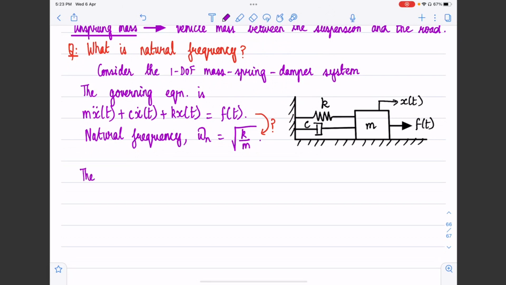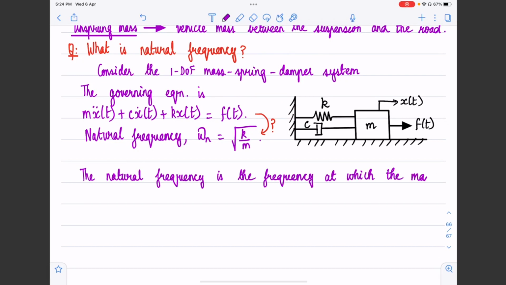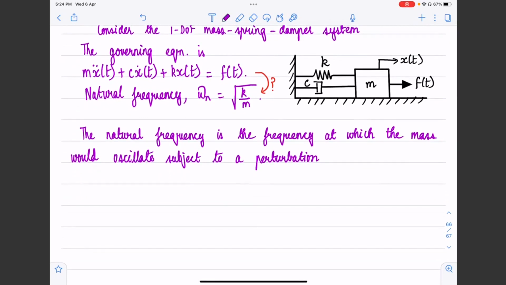The natural frequency of any system, not only this 1 degree of freedom system, is the frequency at which the mass would oscillate subject to a perturbation, given an undamped and unforced system. So what do we mean by this? So this is the definition of natural frequency.